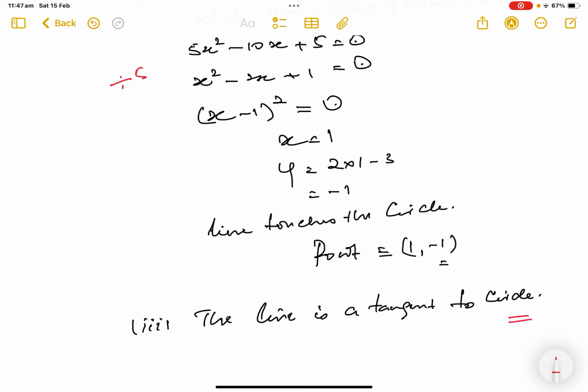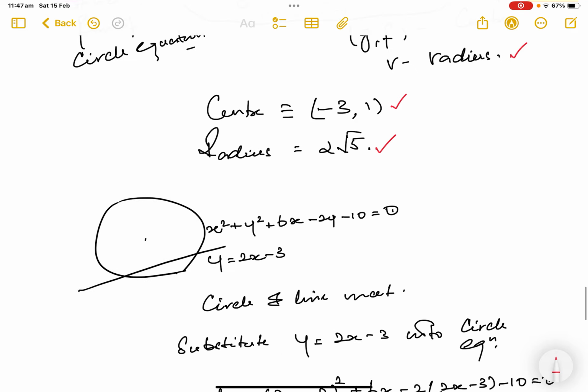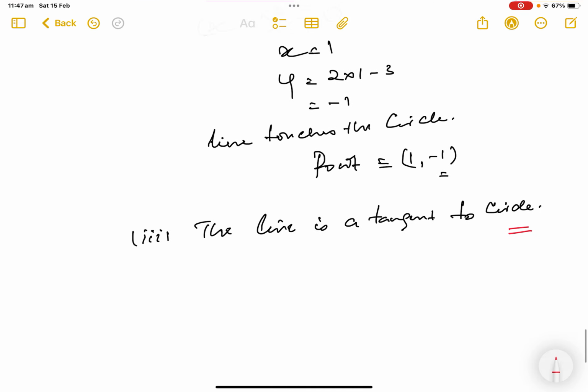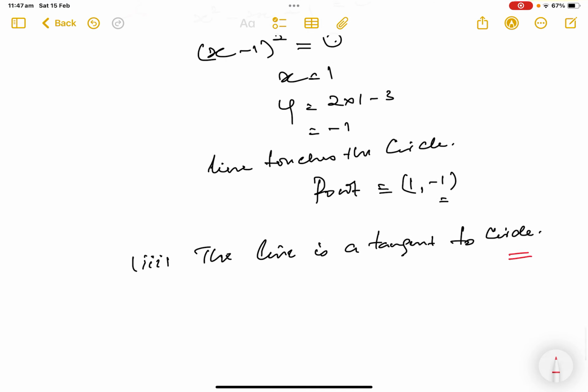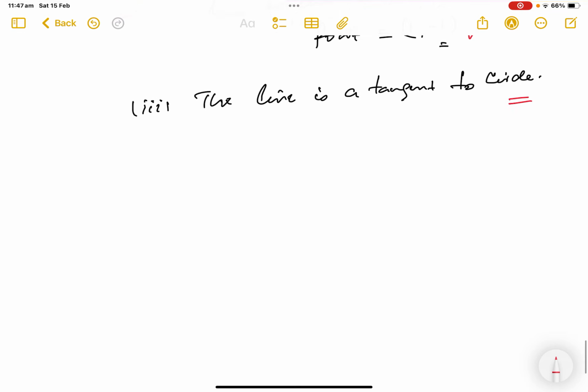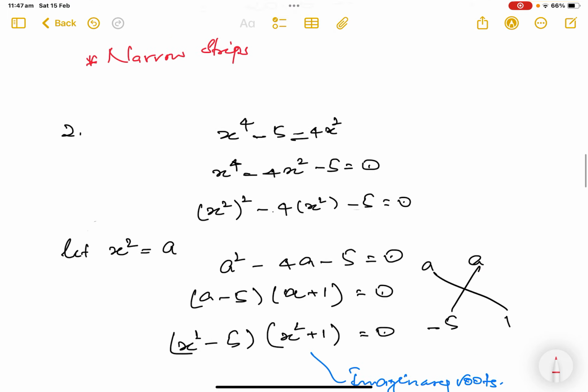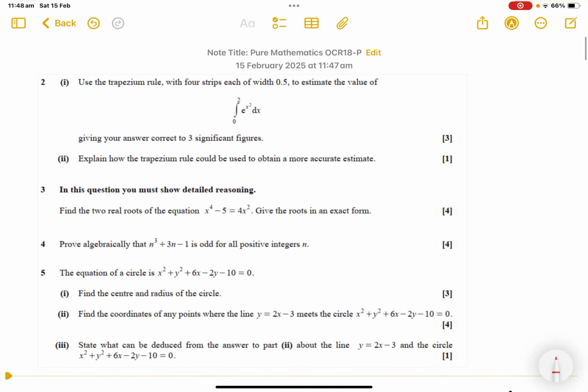So it's just one value where the line meets the circle. That means the line touches the circle at 1 and minus 1, so the line is a tangent to the circle.